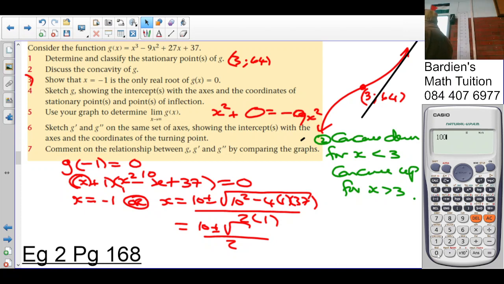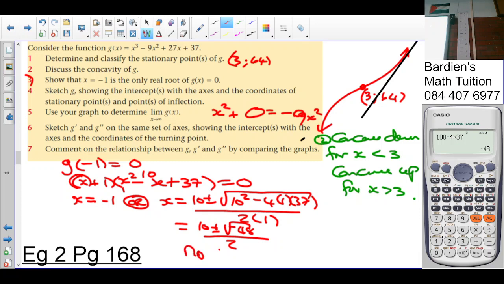It's going to be 10 squared is 100 minus 4 times 37, which gives you negative 48. Can you see that? Since under the root is negative, what can we say? No solution there.